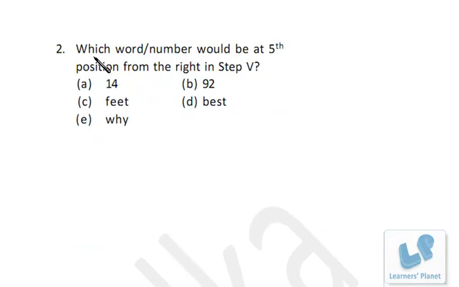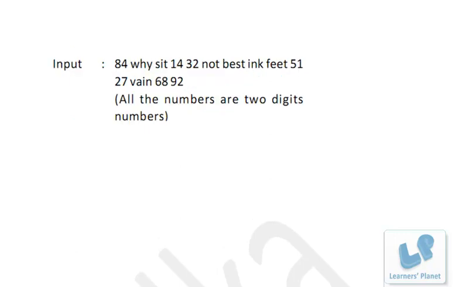Now in this question, which word or number would be at the 5th position from the right in step 5? So what we have to do, we have to write step 5. So in the first step, number 14 will be there. In the second step, 27 will be there. In the third step, 32 will be there. In the fourth step, 51 will be there. In the fifth step, after 51 we have 68, right?